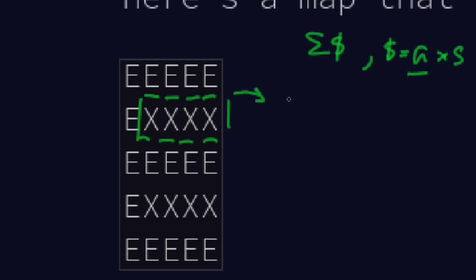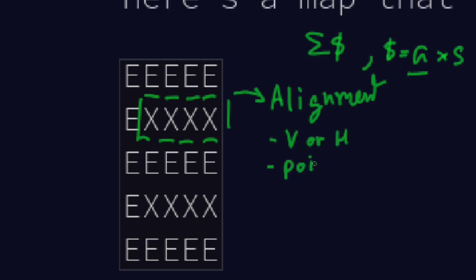Alignment is a specific term in this code that I use to represent whether it's vertical or horizontal, and where it is. In this first one here, you can see that this one is horizontal and it's between row 0 and row 1. So this edge is equal to horizontal at row 0.